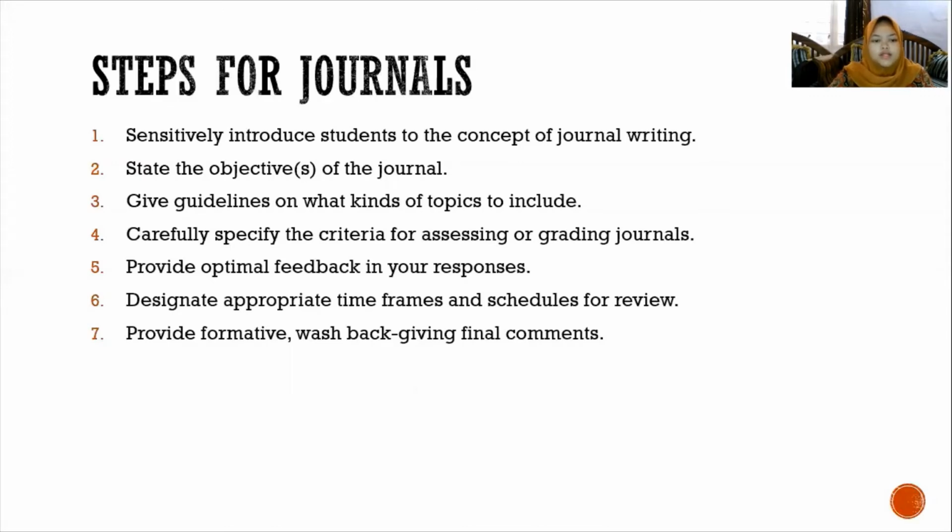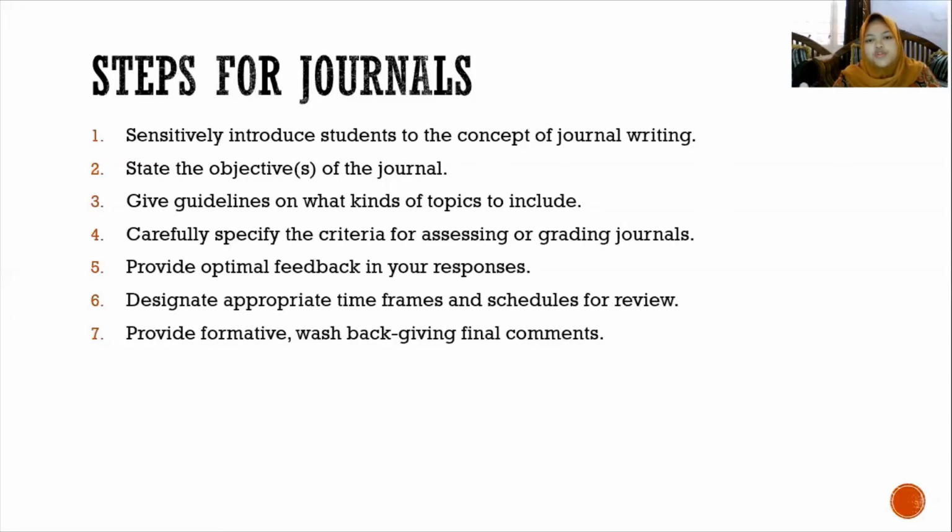The next one is carefully specify the criteria for assessing or grading the journal. This is when the teacher states how the journal will be assessed, will be evaluated. And the next one is provide optimal feedback in your responses. Of course, in making the journal, it's not as simple as we imagine.